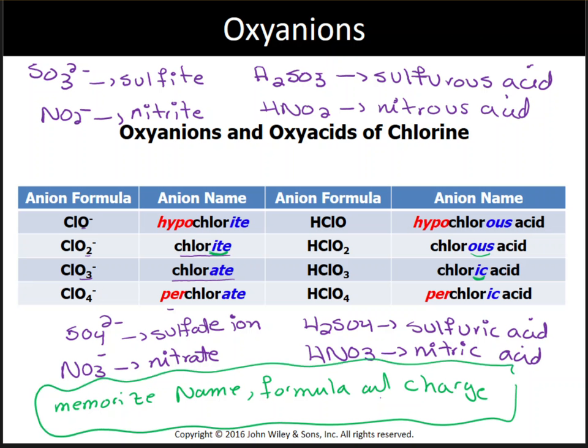For now, you really have to memorize them until we look at Lewis structures and learn how many oxygens for each one of these, and we get more information about their charges. But for now, the only way is memorizing the name, formula, and charge of the polyatomic ions.